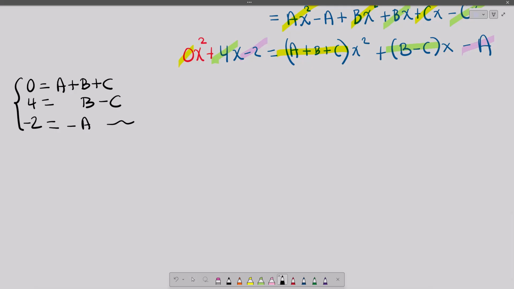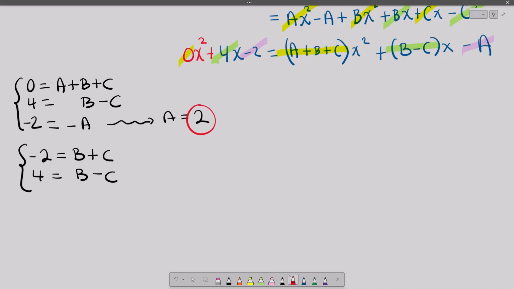Right away, we can solve for A. A will be 2. So we can then rewrite our system, plugging in the 2 back up here. So we can plug the 2 in there, and I'm going to move it to the left side and make it -2. So I have -2 equals B plus C, and then 4 equals B minus C. So this 2 is going in there, but then we're moving it to the other side of the equal sign.